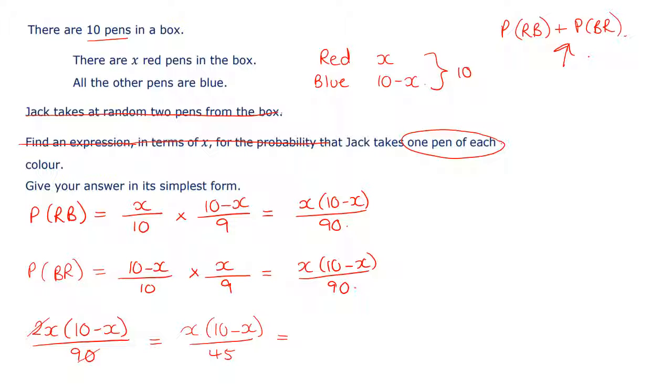And you don't necessarily need to, but I'm just going to expand the top part as well. And remember, it just wanted an expression in terms of x for the probability, and that's what we've done. We can't simplify that any further, so that is the answer there.